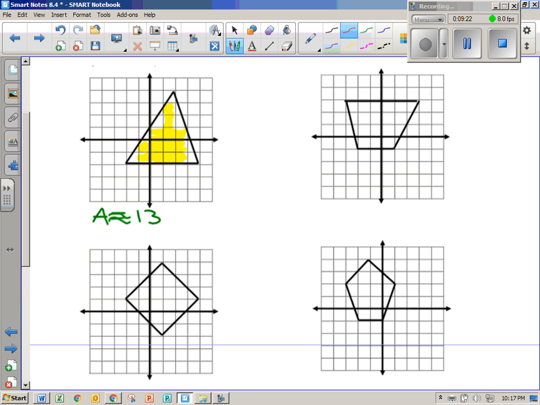So I need to put some together. These 2 look like they're going to go together and give me another one. And then maybe over here, I'll get a different color. This piece and this piece go together to give me another one.